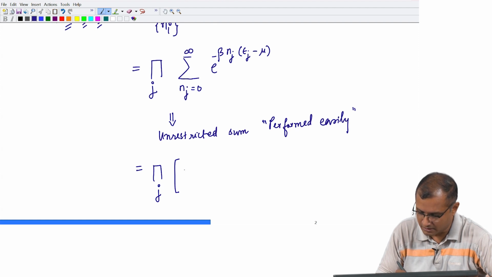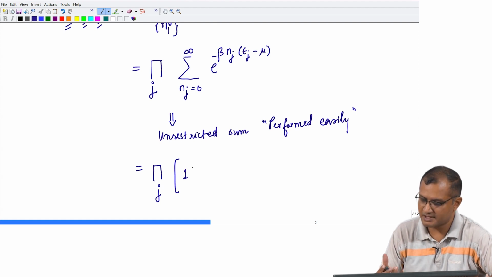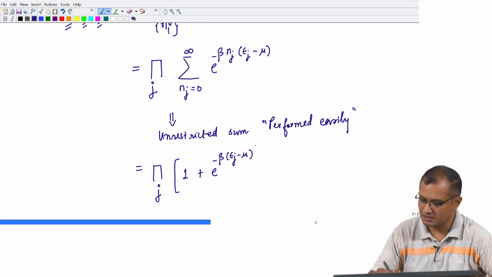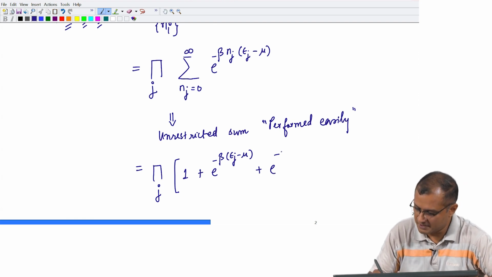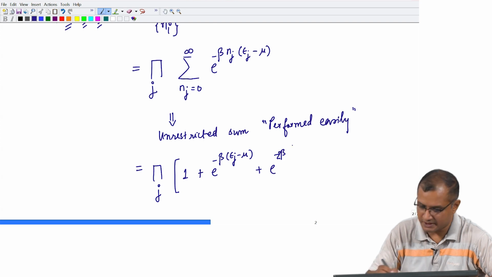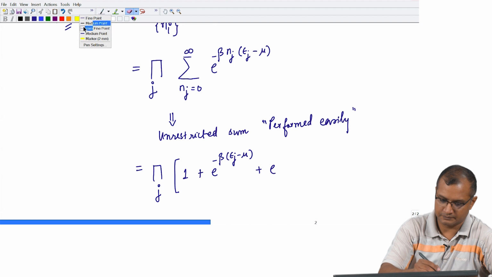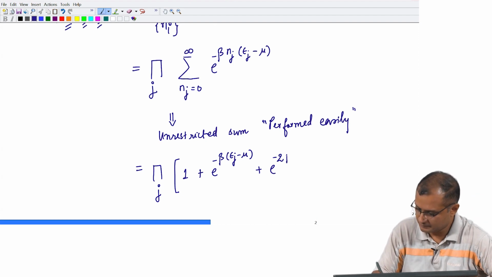I am going to take the first term for n_j equal to 0, which is 1, then the second term is e raised to minus beta (E_j minus mu) when n_j becomes 1, and for the third term it is e raised to minus twice beta (E_j minus mu), and so on. You have infinite terms here.